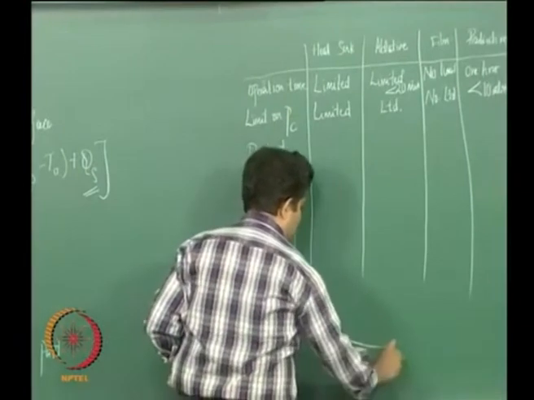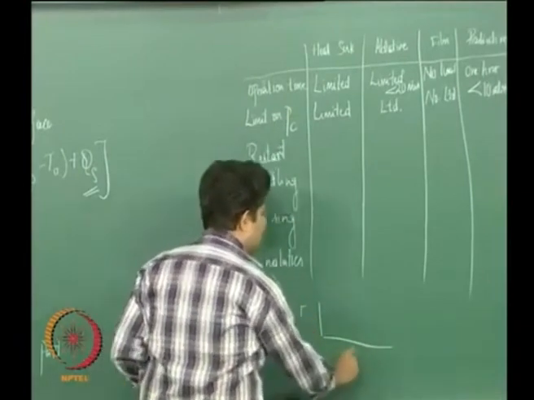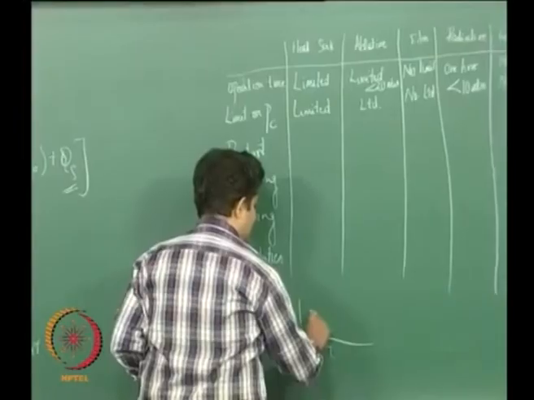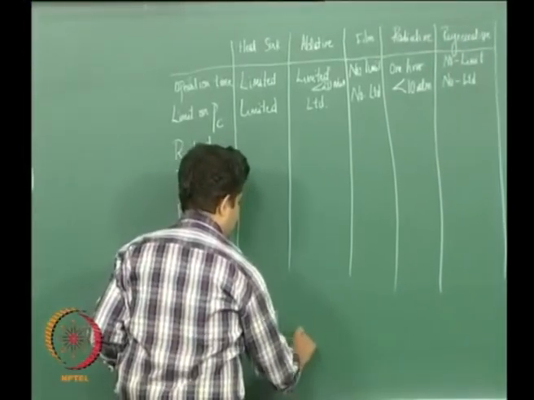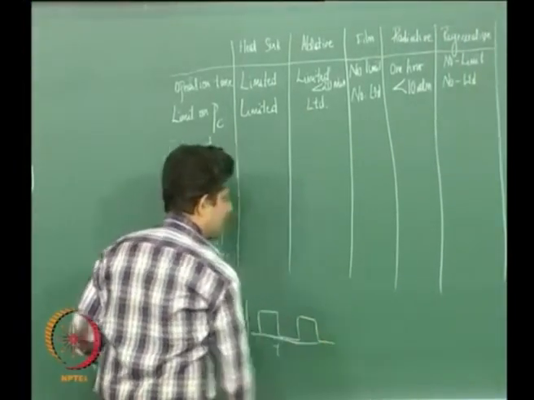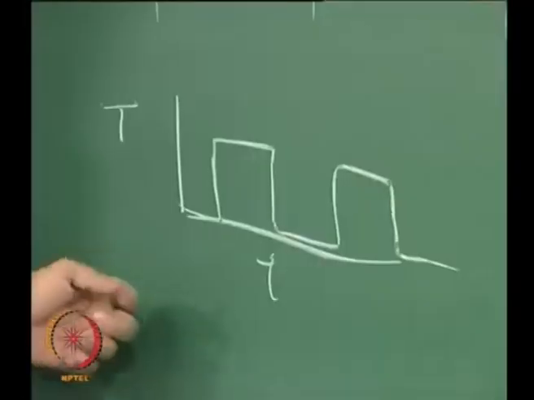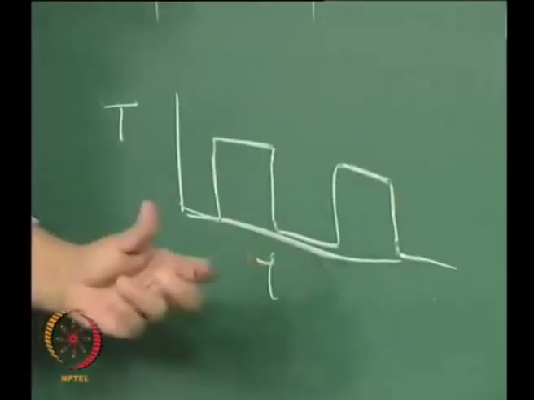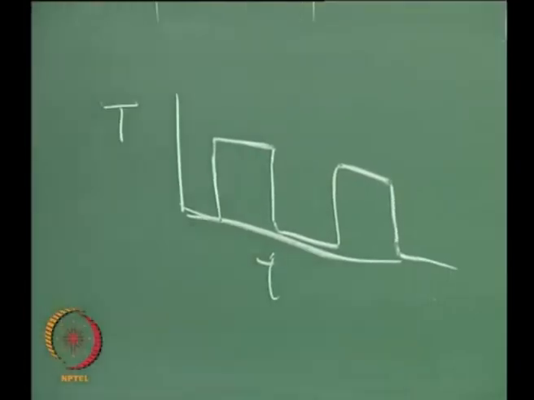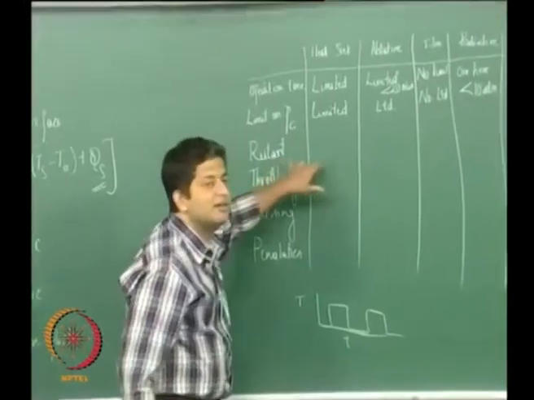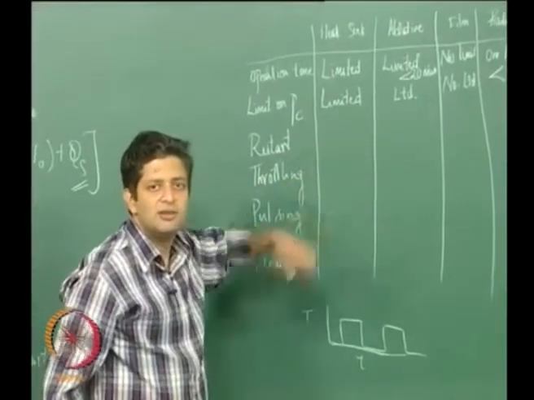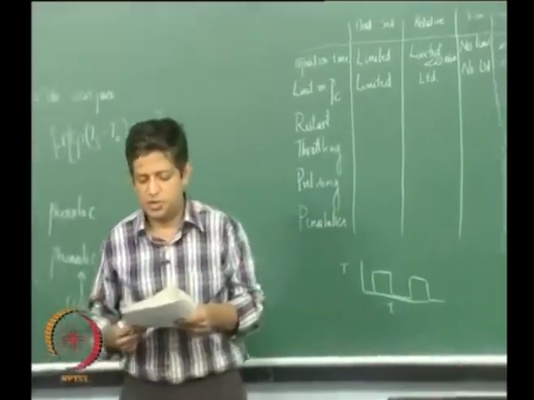If you look at the thrust versus time curve, it will have something like this. So there are short pulses of thrust, and there are also times where there is no thrust. So what about heat sink? Can we have this with restart? It should be fine.